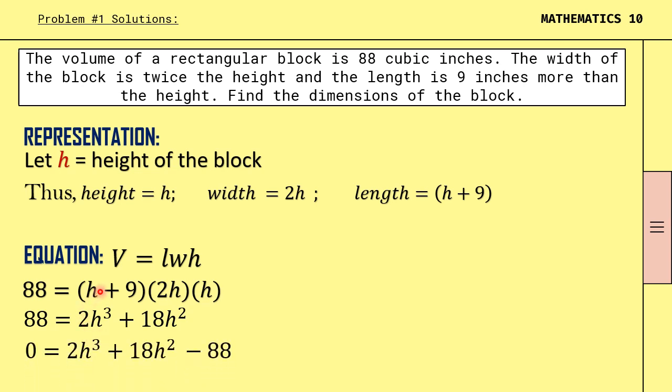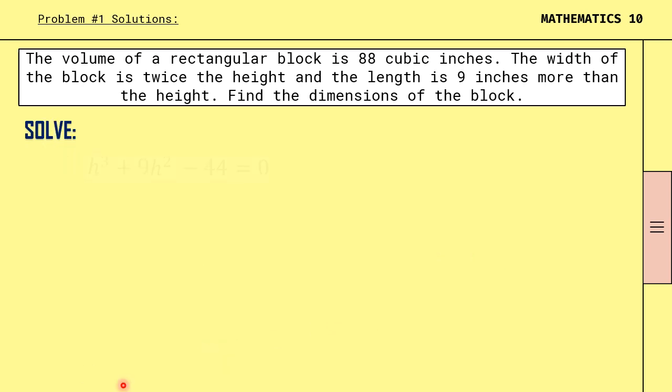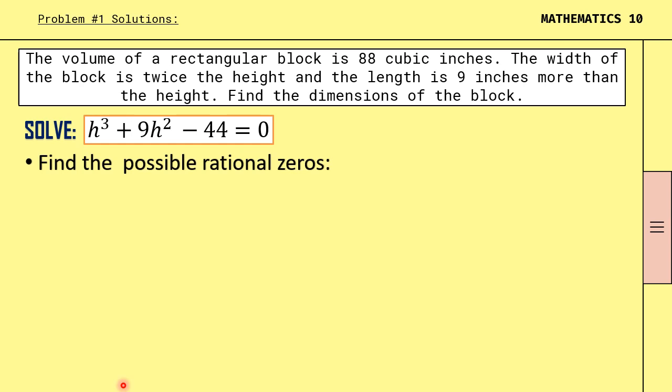Next, let us equate our given equation to 0. So we have this trinomial at the right side of our equation, 2h cubed plus 18h squared minus 88. Then that means we have our equation h cubed plus 9h squared minus 44 equals 0. Now from here, what we're going to do next is solve for the zeros of this given equation, or polynomial function.